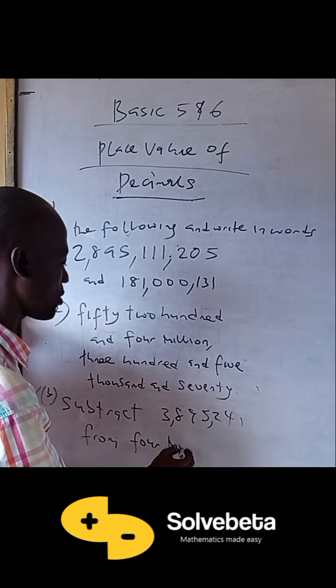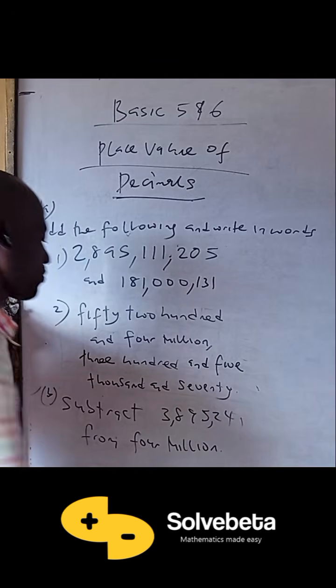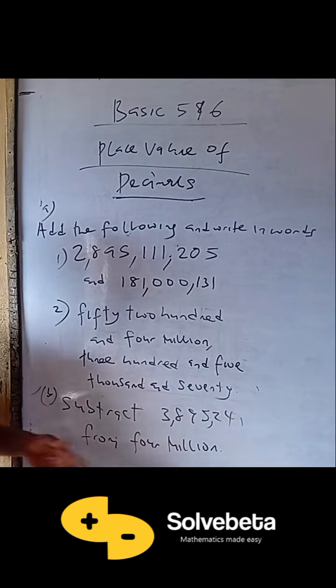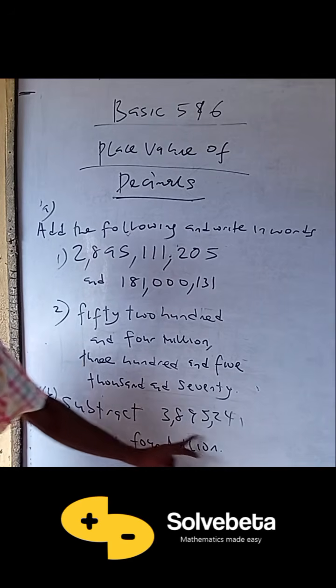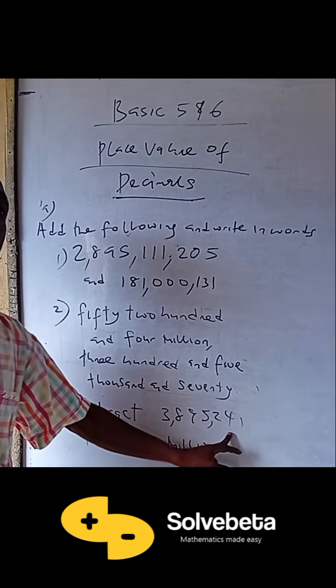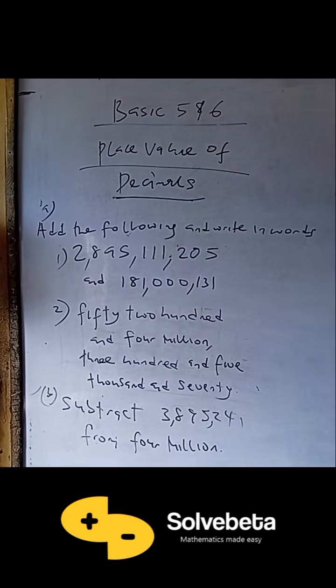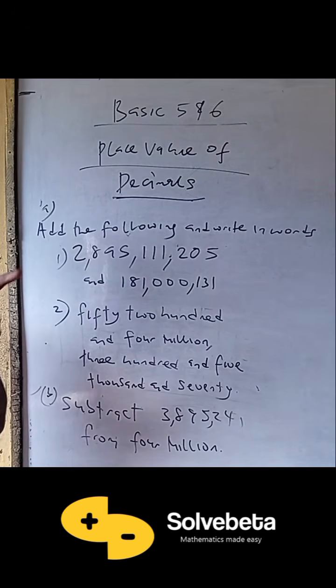Let me see how well you can subtract. Oh, it's mixed. So leave your answer in words. Subtract this from 4 million. This is already in numerals. This is in words. So do that and let me know what you got. Thank you. I'll see you in the next one. Bye.